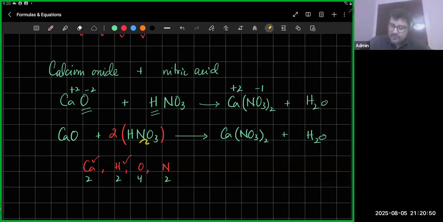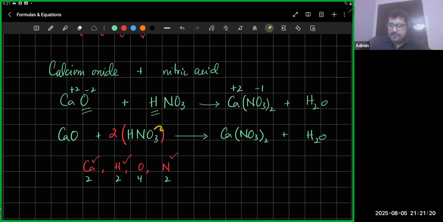Look at N. How many N's do we have over here? There's only one N, but there are 2 molecules, so that means there are 2 N's. And NO3 has just 1 N, but since it's twice, you've got 2 N's over here as well. So N is also balanced. The last one, oxygen, by default you don't have to do anything about it.